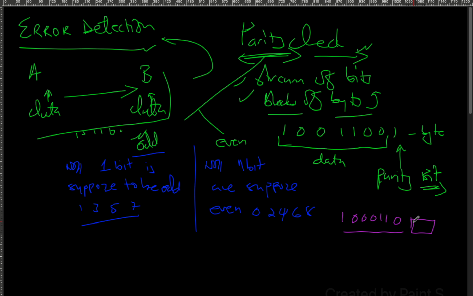Are we together? Suppose the system is using odd parity. What is going to be the value of my parity bit? Suppose the system is using even parity, and the data being transmitted consists of 1 0 0 0 1 1 0. What is going to be the value of my parity bit?